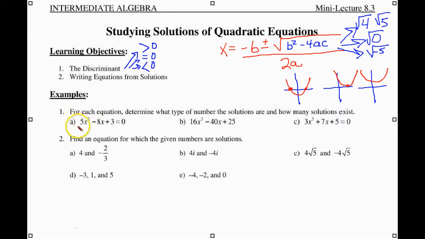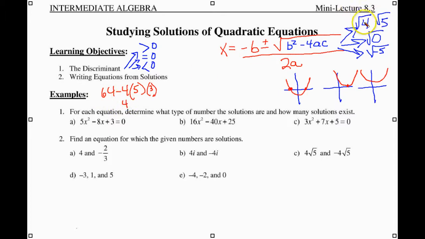So, a little background on what we're looking for and how do we do it. Well, for number 1, we put what we have here as b squared, which is going to be 64, and then we say negative 4 times a, which is 5, times c, which is 3, and we get 15 times 4 is 60, 64 minus 60 is 4.